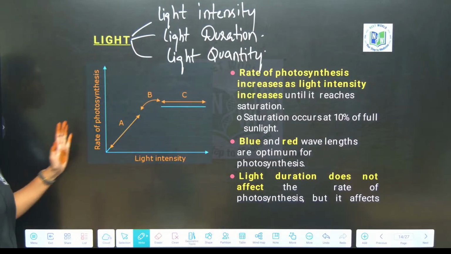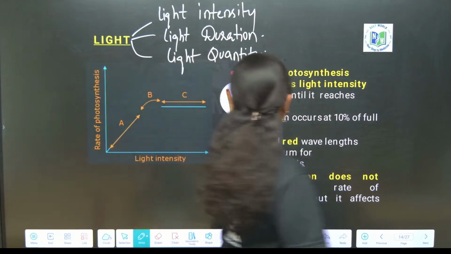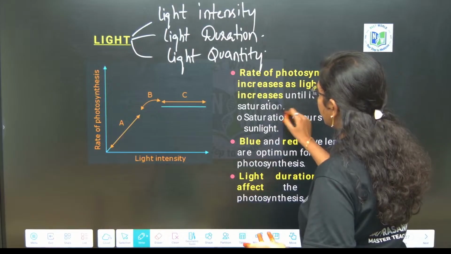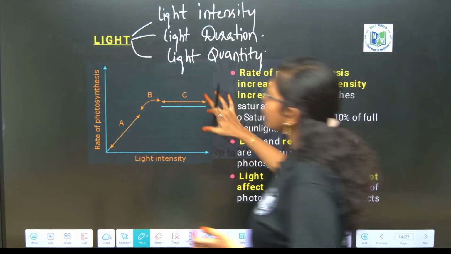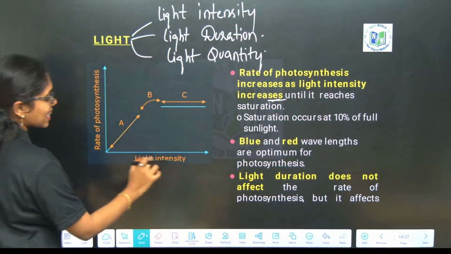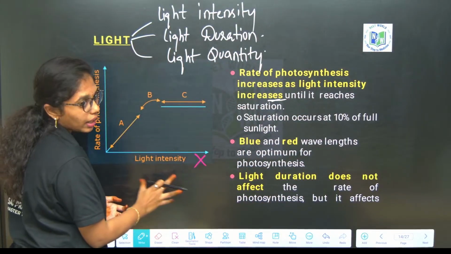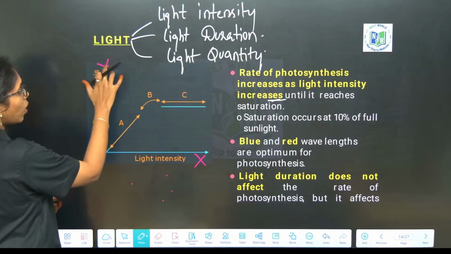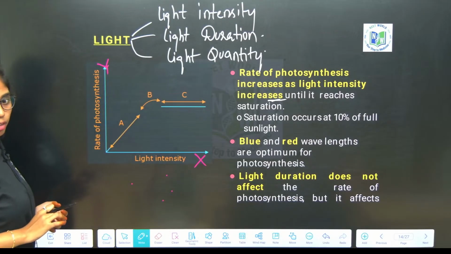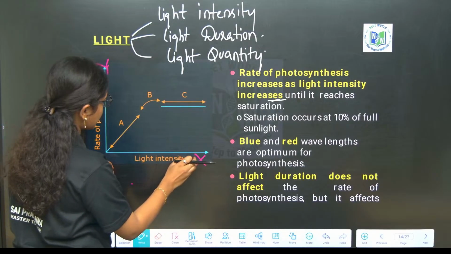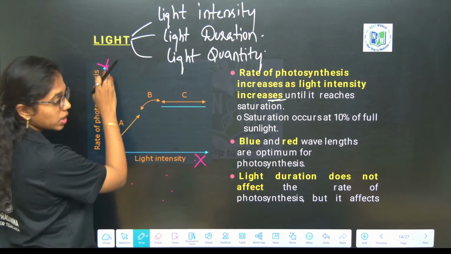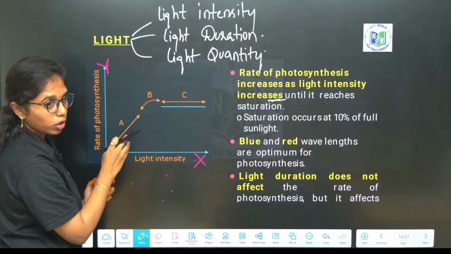So here if you see, the rate of photosynthesis increases with light intensity. If you look into this graph once, on the x axis what is plotted? Light intensity. On the y axis what is plotted? Rate of photosynthesis.